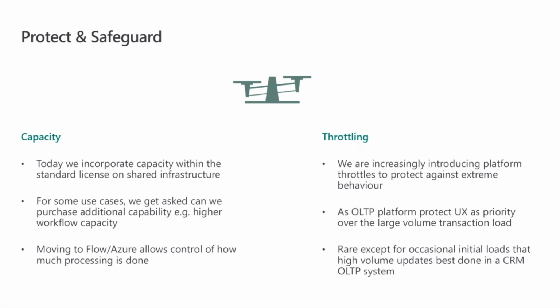So can we optimize the overall design to make sure that the system is actually working in the best possible way for our end users without having excessive load or compute usage on the platform? That's some of the more fundamental reasons why we are introducing throttles.